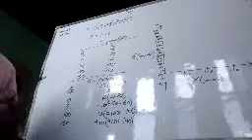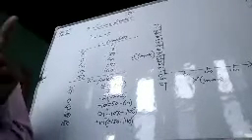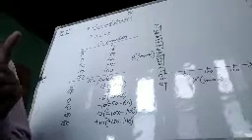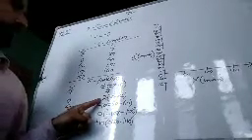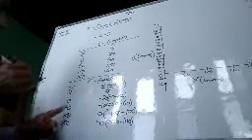So, dear friends, it offers the following observations. Number one, when income is 0, then saving is minus 20. When income is 100, saving is 0. And when income is 150, saving is 10.